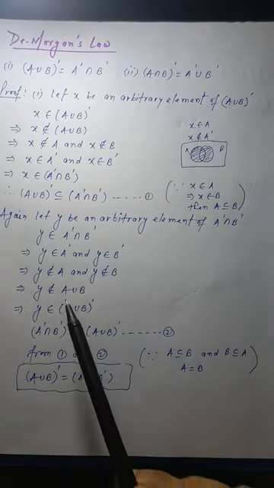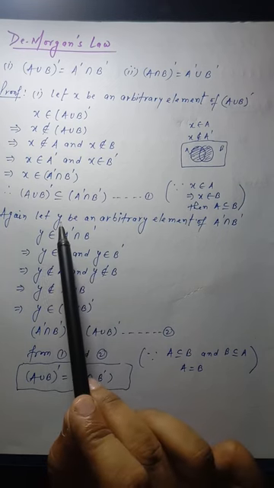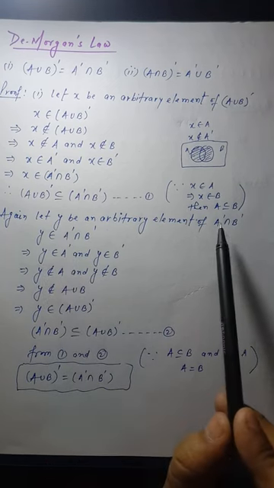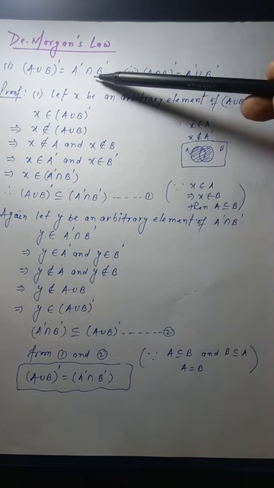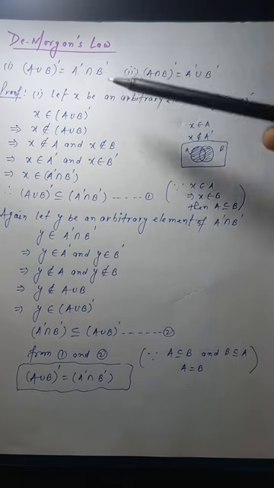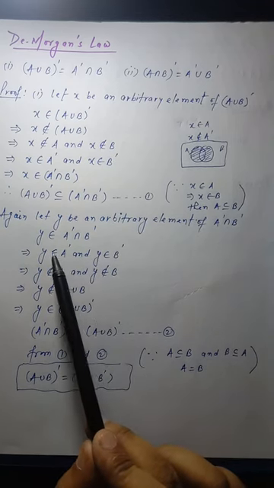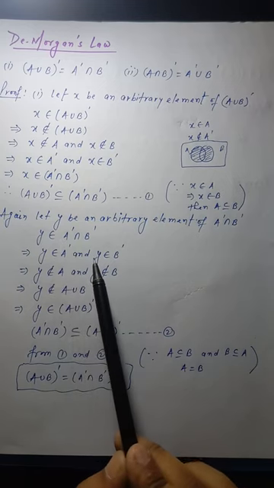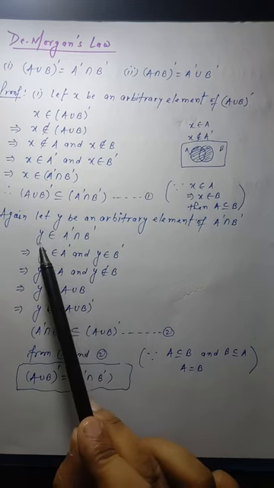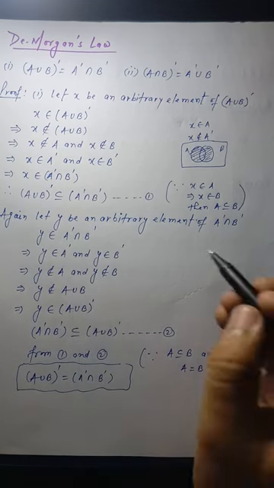Now for point number 2, assume another element like y. y is an arbitrary element of A' intersection B'. So when this y belongs to A' intersection B', we will say that y belongs to A' and y belongs to B', because y is in both parts. How?